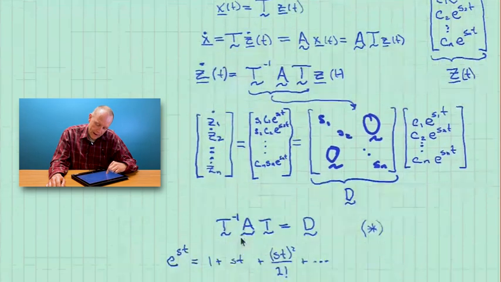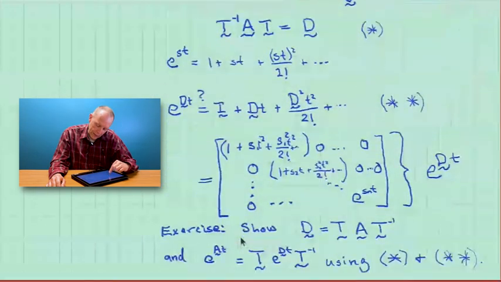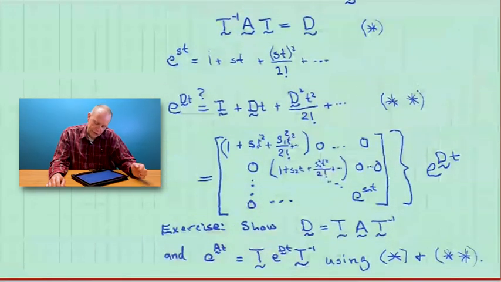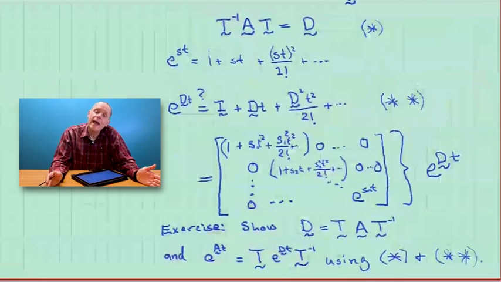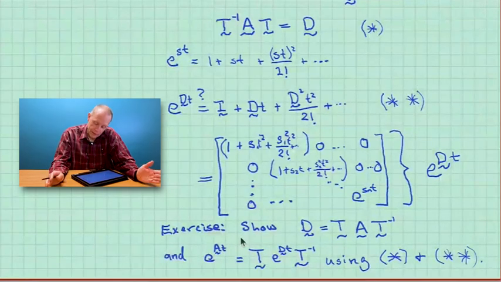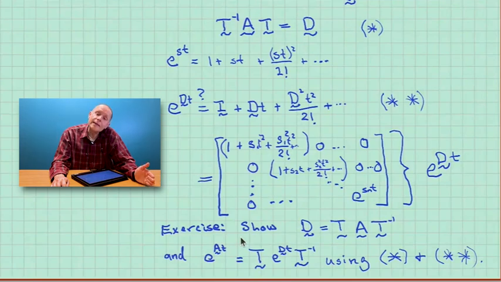I'm leaving you with a little bit of an exercise here. First of all, can you show that D is T inverse A T? That should be pretty simple. Then, a little more challenging, show that e to the At, where A is the original A matrix, is equal to T e to the Dt times T inverse. A little hint: use the Taylor series, and you will find that you have a bunch of T times T inverses in that Taylor series.